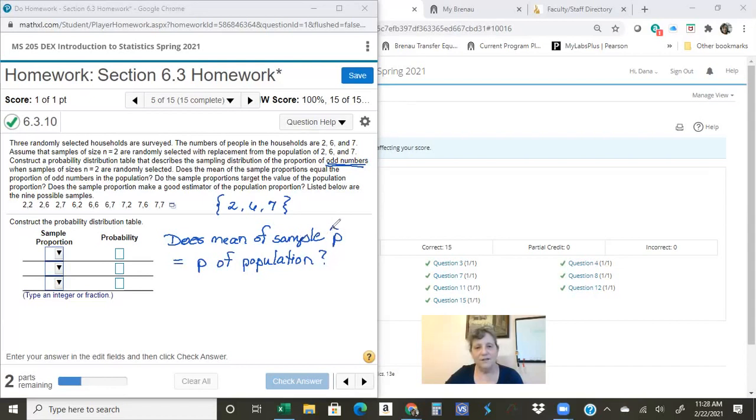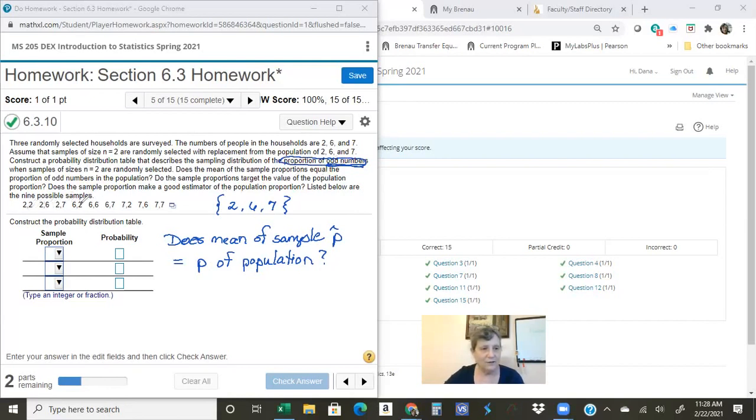So we have to get the p hats, which will be the proportion for each sample, get the mean of those 9 numbers, get the proportion for the population and compare the two, and the proportion we're looking at is the proportion of odd numbers.